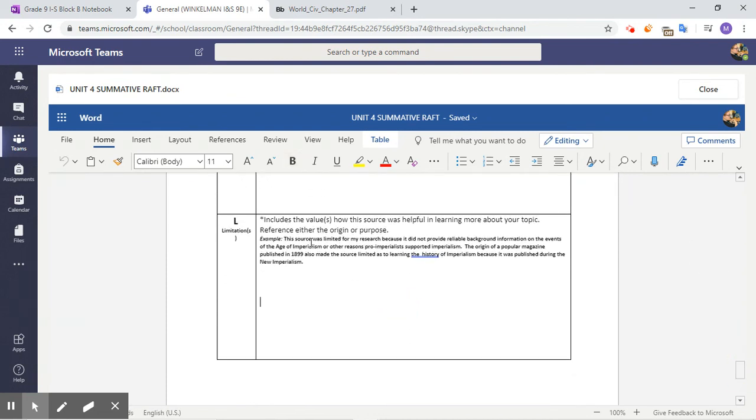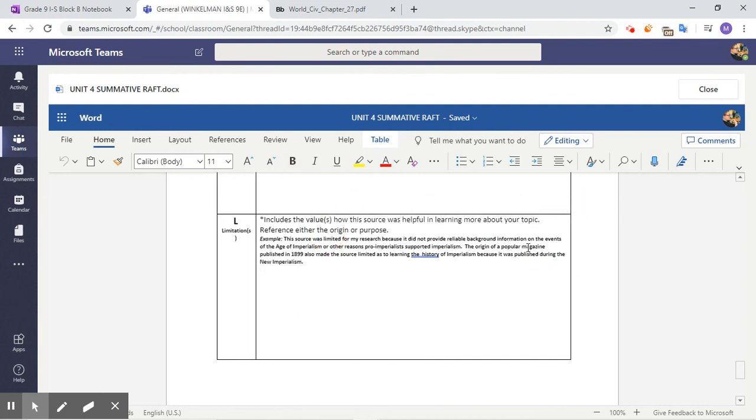Limitations. So why did I need other sources? What else did I need to know that this source couldn't help me with? I said it doesn't give background information on what was happening at the time period that I wanted to use. And then you have to talk about the origin or purpose.